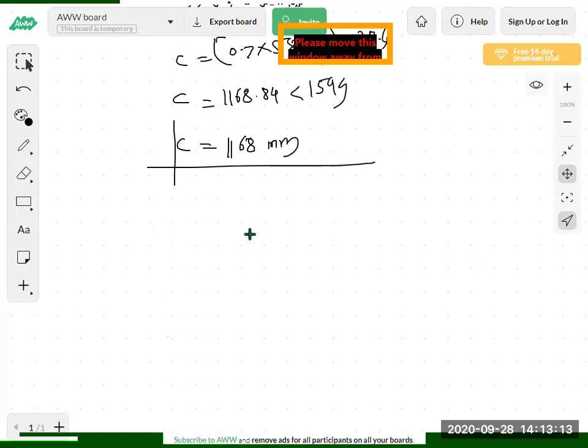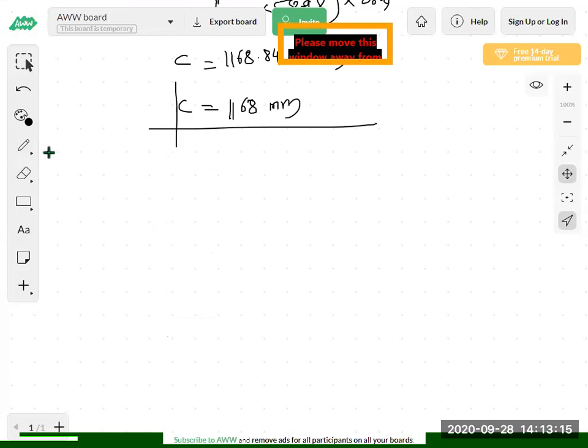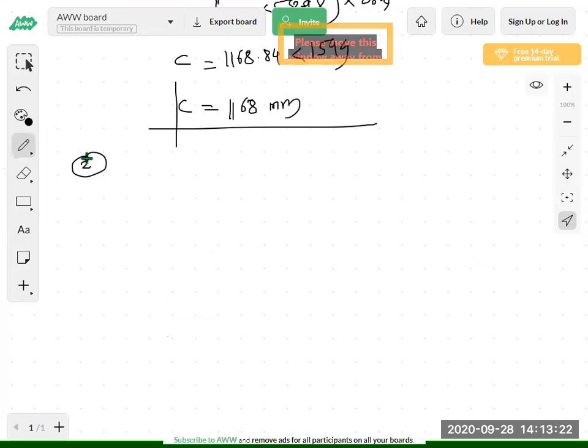Okay, so now in step number 2 what do we have to calculate?